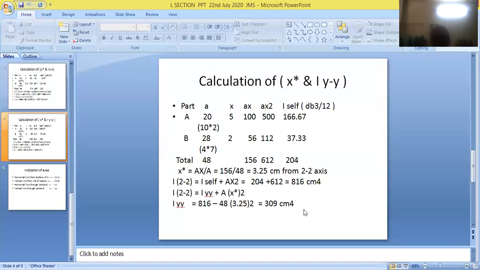So friends, by making all these calculations, we can indicate the values of X bar and Y bar in the figure. Also, we can indicate the XX axis and also the YY axis. So indication of both these axes can be made in the figure after doing all these calculations.